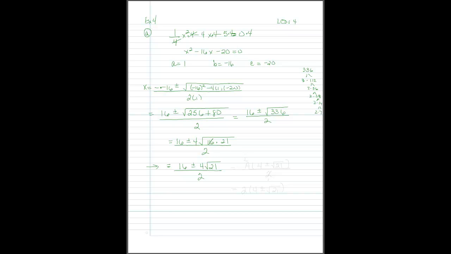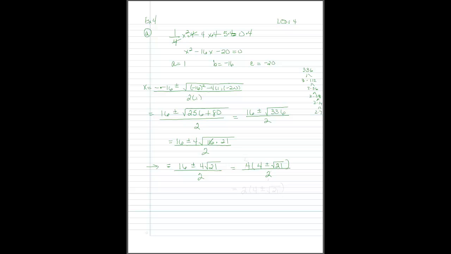Now, look at your numerator and just look at 16 and 4. Can we factor out a common factor for 16 and 4? Yes, a 4. We can factor out a 4 and we're left with 4 plus or minus the square root of 21 all over 2.